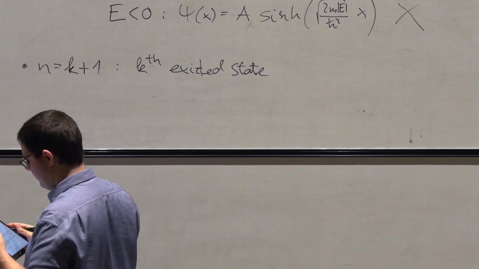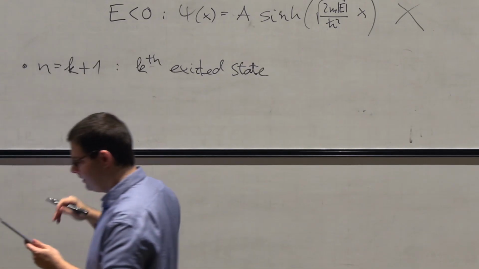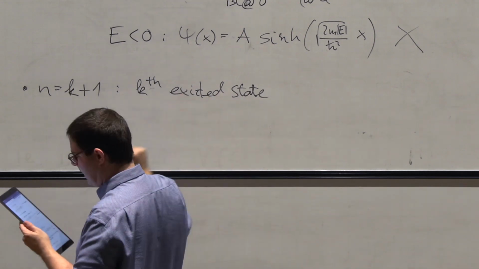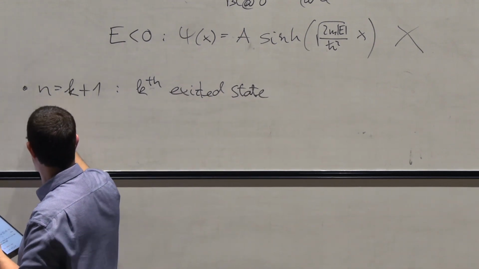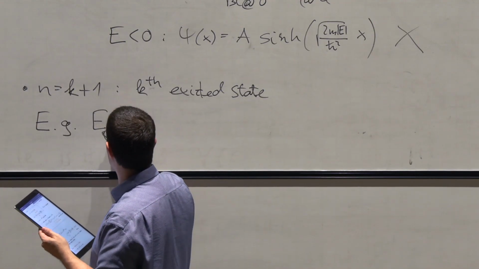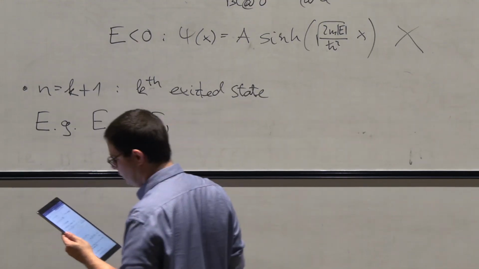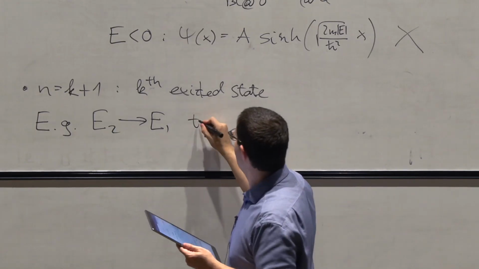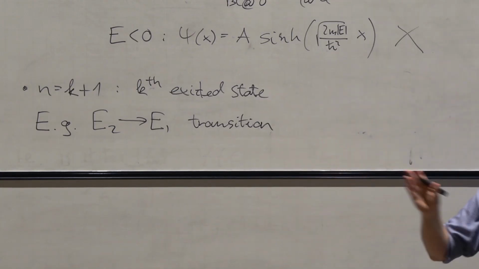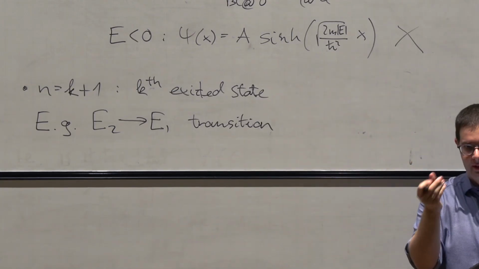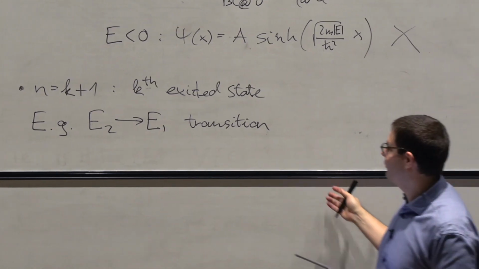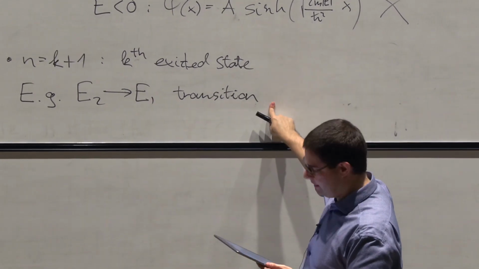Okay, sorry. First, let's just say one more comment about this photon absorption or a transition from the excited state E2 to the ground state E1. So this is related very crudely to what we described with the hydrogen atom emission spectra in the first lecture. So let's look at this transition.